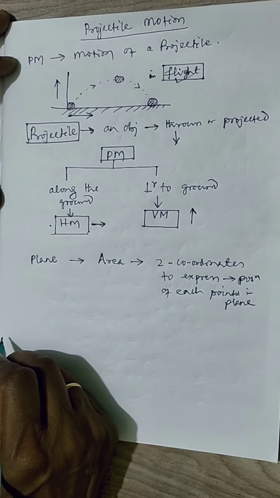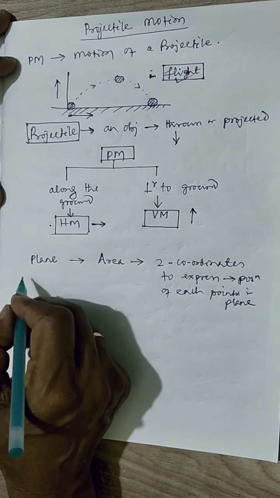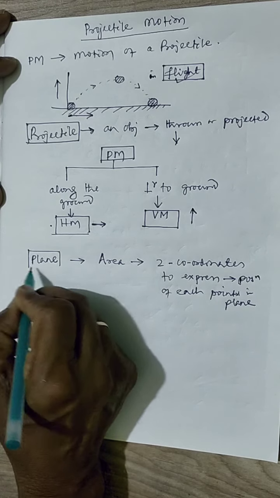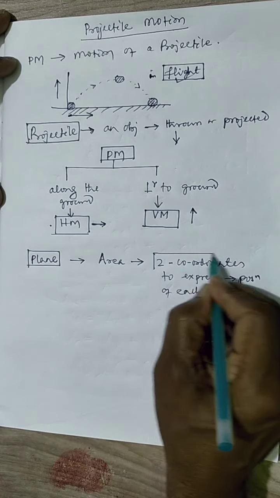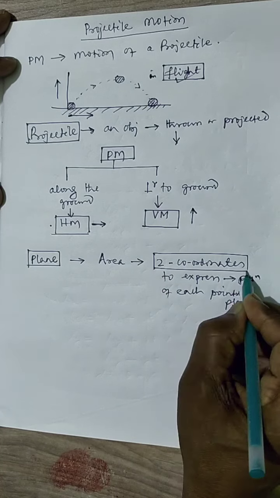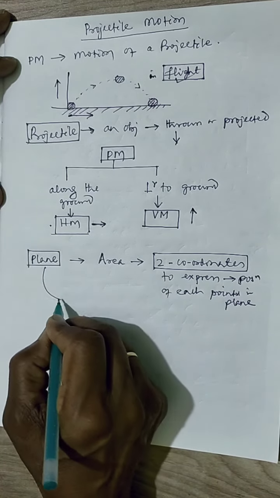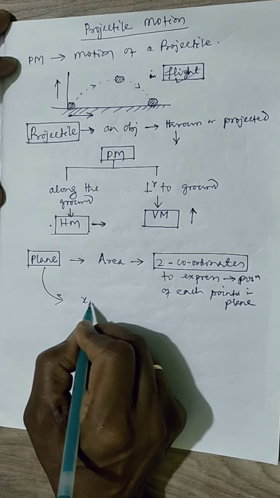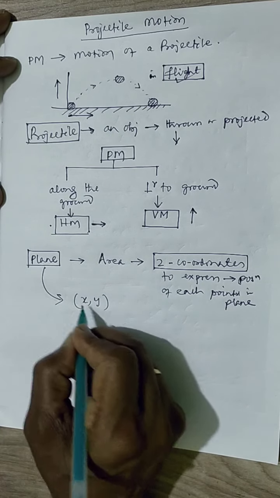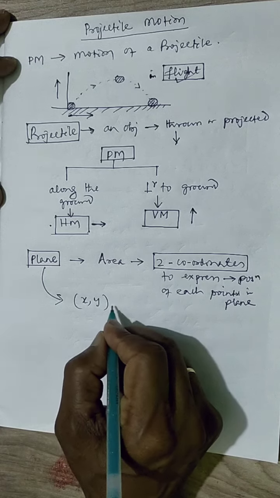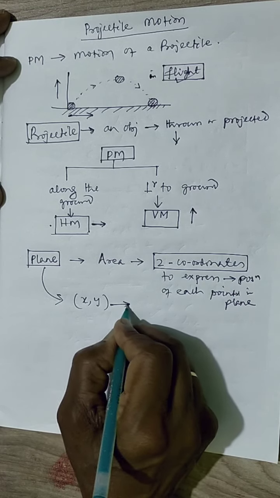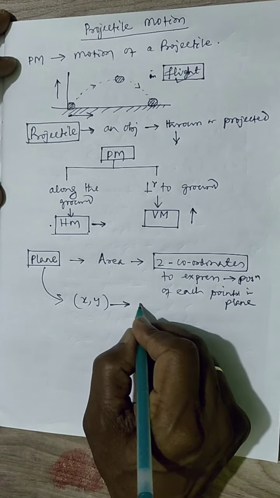That means any point in a plane requires two coordinates to express its position. We say here x and y are the coordinates, and the system is termed as two coordinate system.